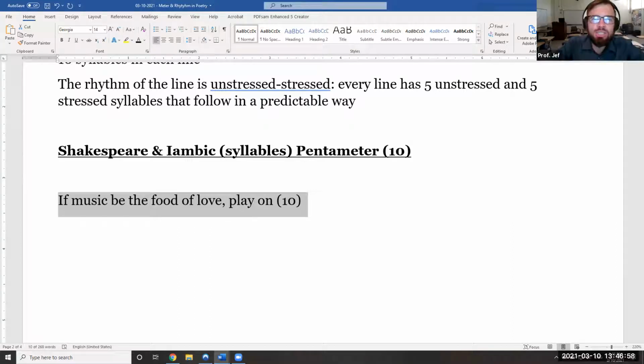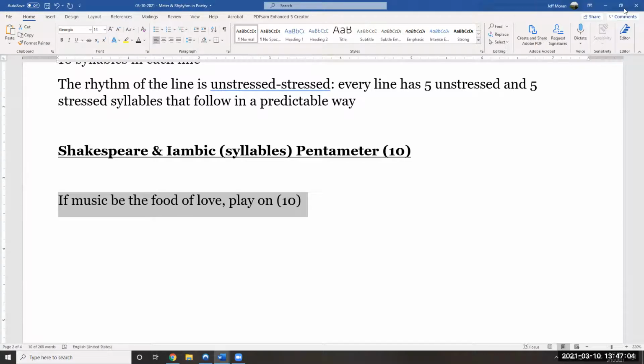What words jump out to you then? What look like some important words or images or symbols in this line? Love, I think. Yep, I agree.